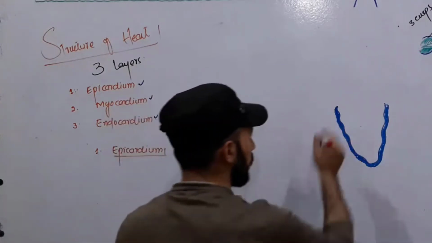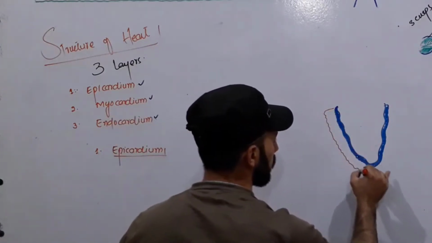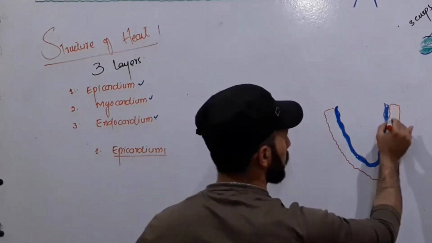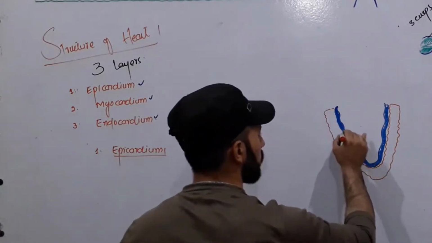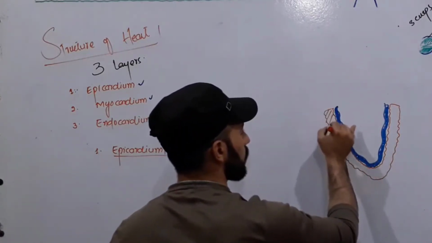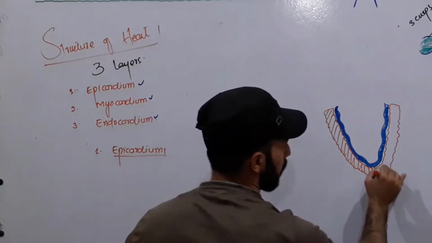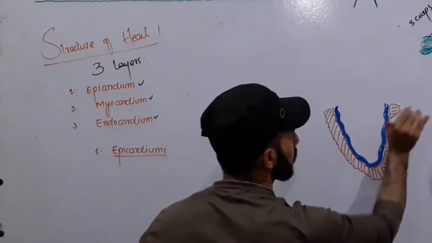And in between there is the muscular layer, which is called myocardium. Myo means muscles.